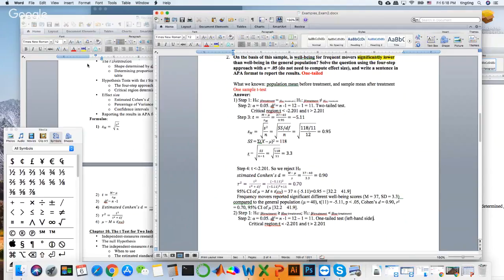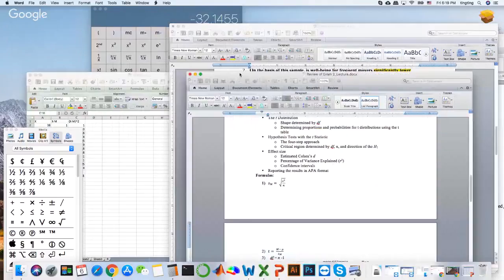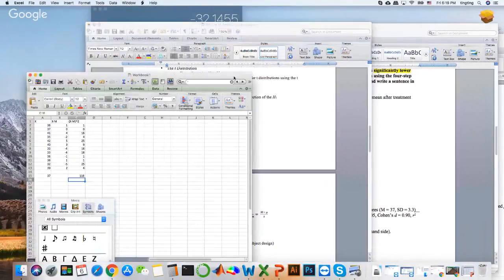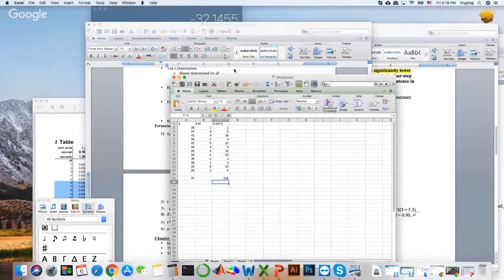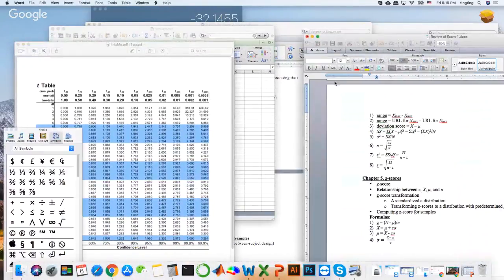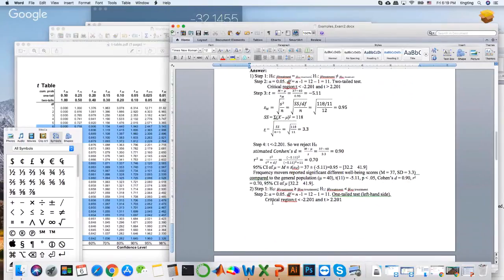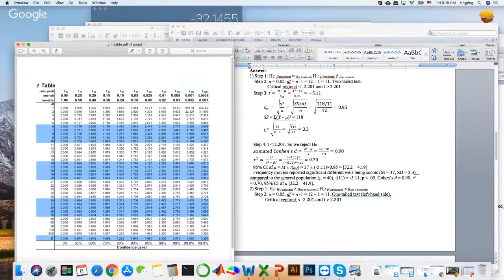Go back to, where's my table? Where is my table? Oh, here. So let's check the t table. With alpha equals 0.05, one-tailed, and then degrees of freedom 11.